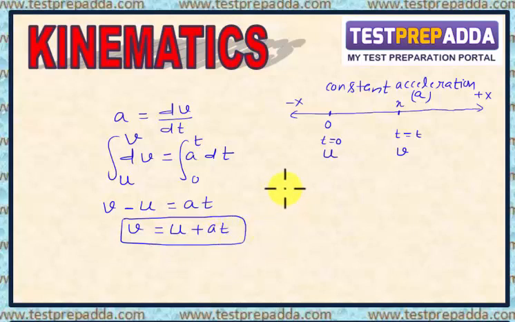Now we have already learnt about the velocity. Velocity we can express as dx by dt. So we can write this dx by dt as u plus at, because we have already defined v here in terms of u and t.